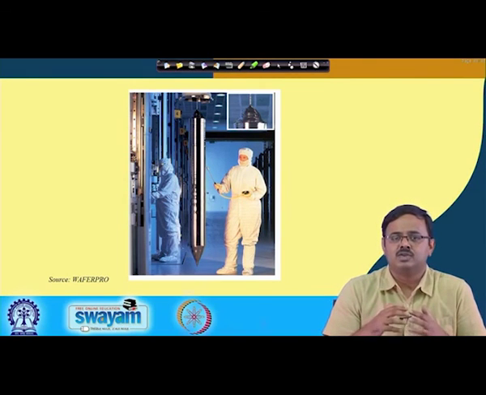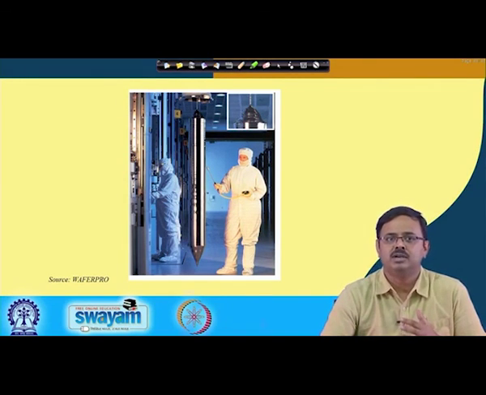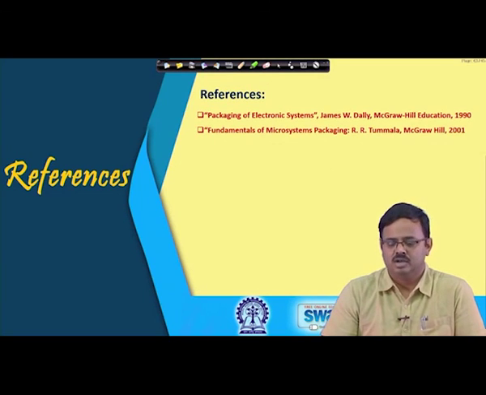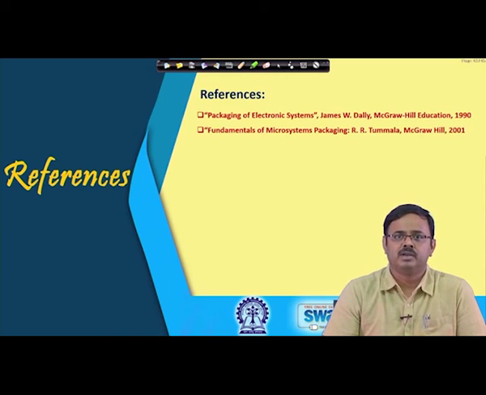So, that brings us to the end of this introduction module, and these are two references to two books that I referred to, both quite old now. James Daly's book is actually very good and comprehensive. It's one of the first texts in packaging, but still very good. Unfortunately, it's out of production. To the best of my knowledge, it is out of print now.